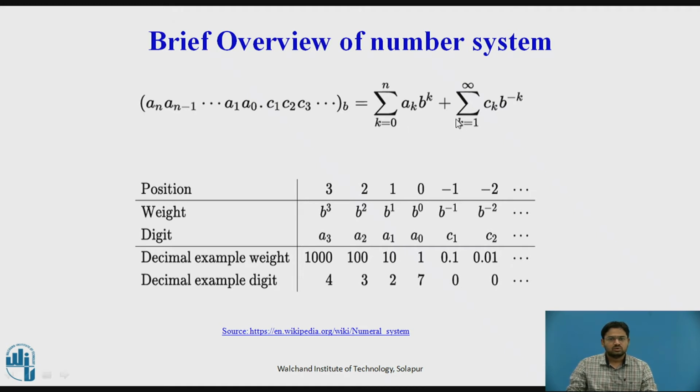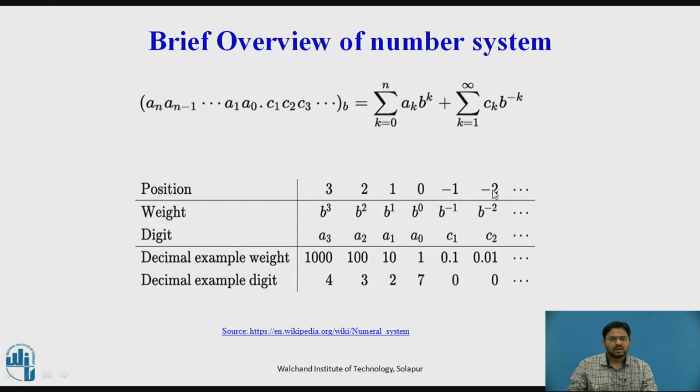This is the summation for the integer part, and this is the summation for the fractional part. Any number system can be represented by using this, and every digit has a position. In the integer part, this has a position of 0, this has a position of 1, and for the fractional part, the positions are -1, -2, -3, likewise.